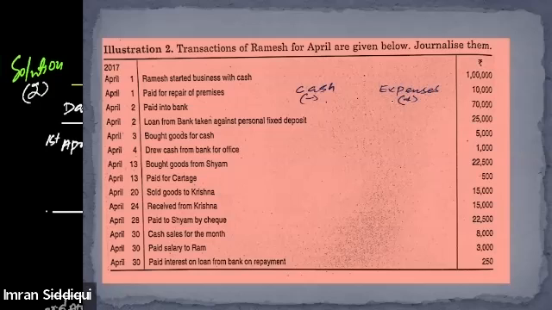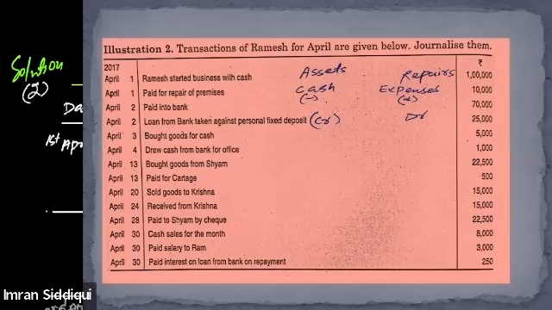Right? Now we will apply the rule. The rule of accounting says that whenever cash reduces, because cash is an asset, and if an asset is reducing, we need to credit the asset account. That means cash account will be credited. And repairs are an expense. Whenever expenses are increasing, we need to debit the expense account, right?